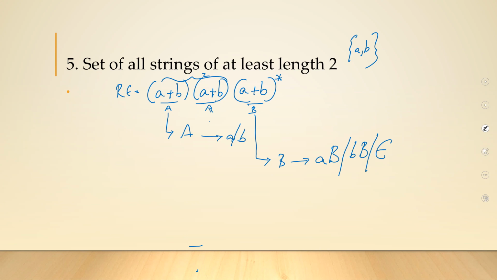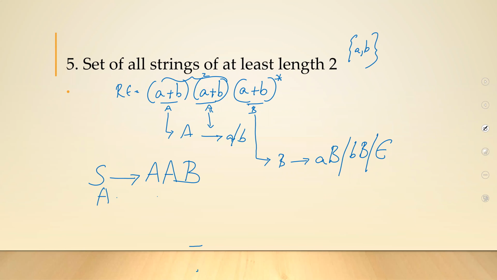So I have a rule for my A. I even have a rule for my B. Now let me construct the whole grammar. Let's start with my start symbol S. What is my start symbol? It has an A followed by an A and then followed by a B. So S is A followed by another A and then followed by a B. What is my A?